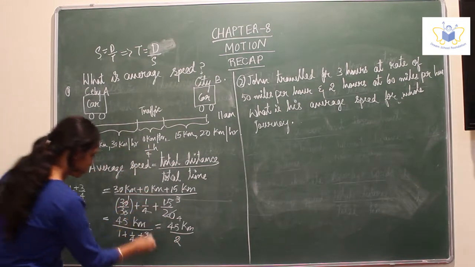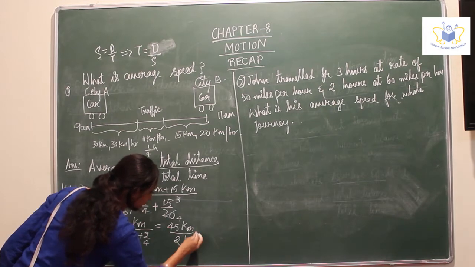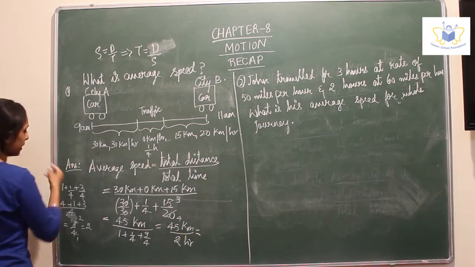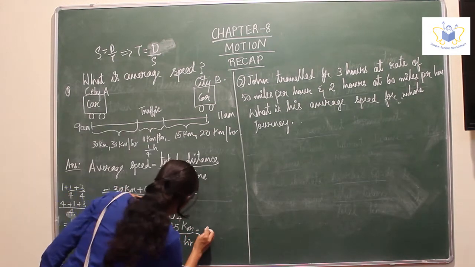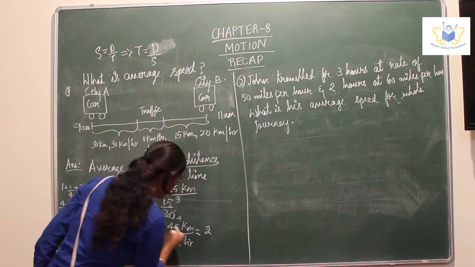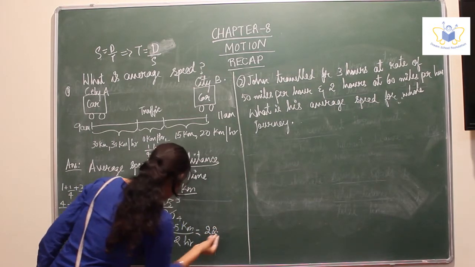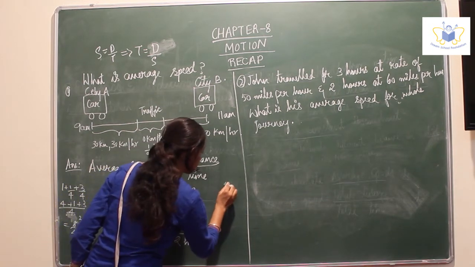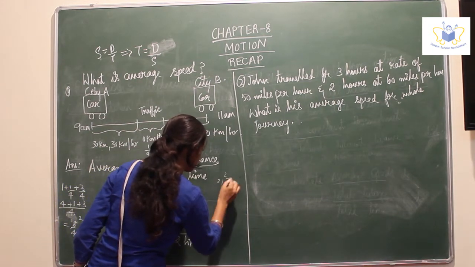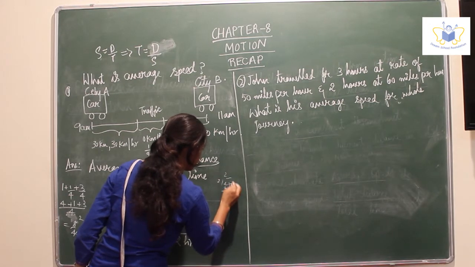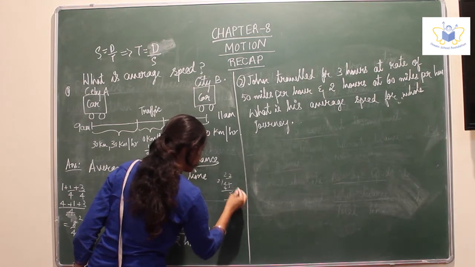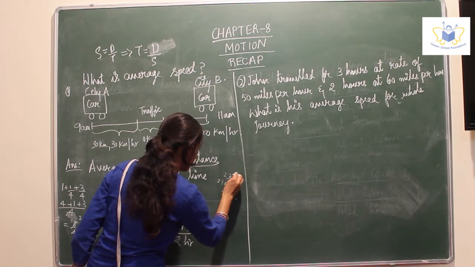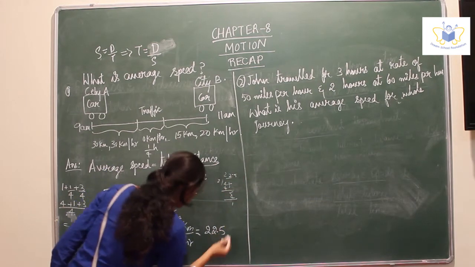The unit is kilometers per hour, so this is 2 hours. What is 45 by 2? It is 22.5.